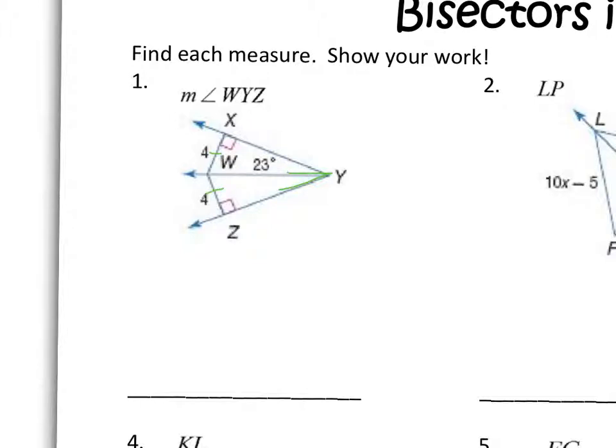If they're congruent, that means WY is an angle bisector, meaning this angle is congruent to this angle. So what is WYZ? Well, the measure of WYZ is the same as XYW, which is 23 degrees. It's 23 degrees as well, right here.